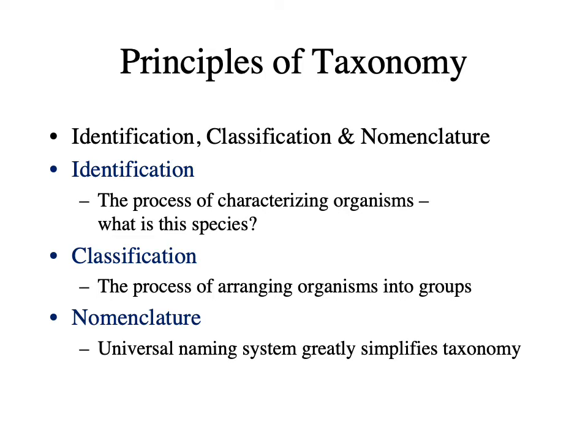Classification is creating order with these organisms. It's the process of arranging these organisms into groups. We can place them on the phylogenetic tree of life that has the domains of bacteria, archaea, and eukaryotes. We can place them on the tree of life based on their genetic makeup, how similar they are to each other, or how different they are to each other.